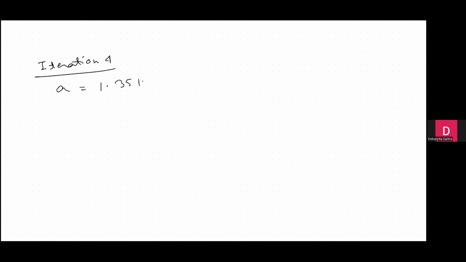Our new B is the same as the previous, 1.3672, and f of a we already calculated: f of a is minus 0.0061, and f of b is 0.1197.